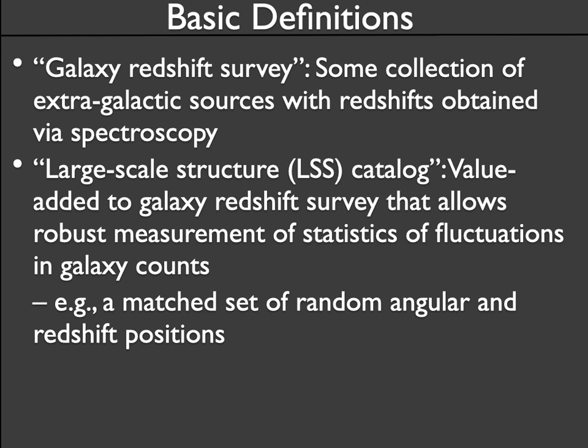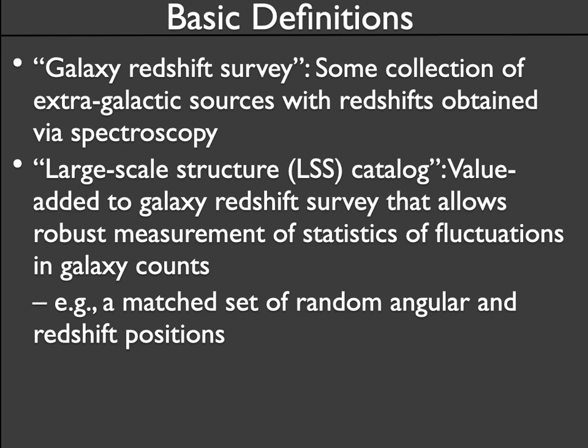Here we're using quasars synonymously with galaxy. Quasars are just as good. And usually these surveys would actually be planned with some strategy, but in principle, this could just be any collection of the angular sky positions and redshift measurements for some set of galaxies.